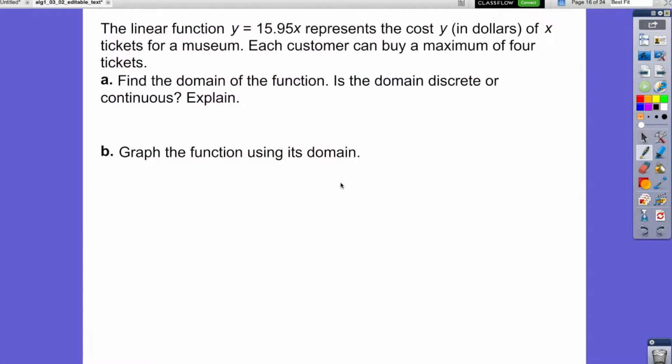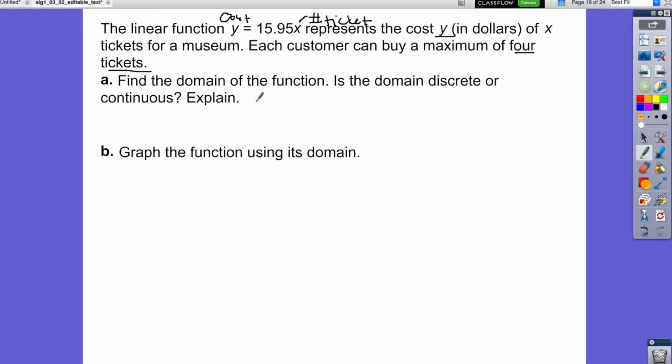Okay, so here's example 4. I'm still on page 114. The linear function y equals 15.95x represents the cost y, so this is the cost, in dollars of x tickets, so x stands for the number of tickets, for a museum. They can buy a maximum of 4 tickets.